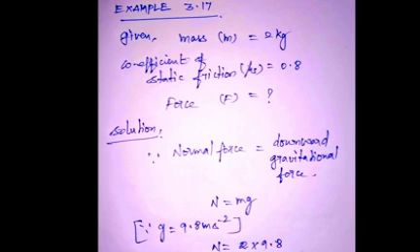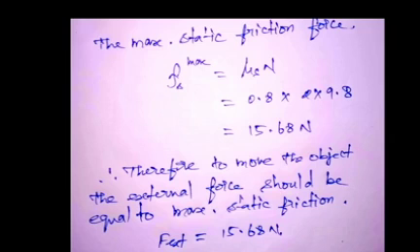Now we find the N value and we know the mu of s value, and we multiply these two and we get the answer. Substituting in the formula, we get the maximum static friction F of s maximum equal to mu of s into N, that is 0.8 into 2 into 9.8, and multiplying all the values on the right hand side, we get 15.68 Newton.